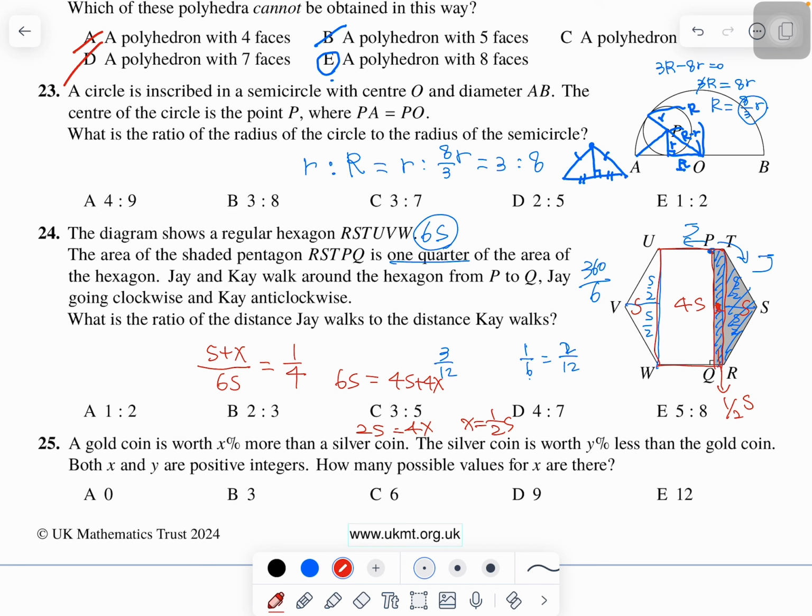So we can say the ratio of this length, this all together to, when we divide, this is 6S over 2, and this is 1S over 2.